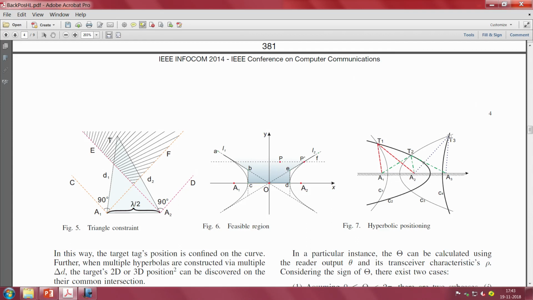As a result, if you want to reduce this error in estimation of where it is, one simple way is you divide the A1 A2 distance by half and have one more position, let us say A1 prime here, and here you have A2 prime, and then again form two hyperbolas there, and then look at the intersection of these hyperbolas. Then you will actually come to know which is the actual position of the tag.